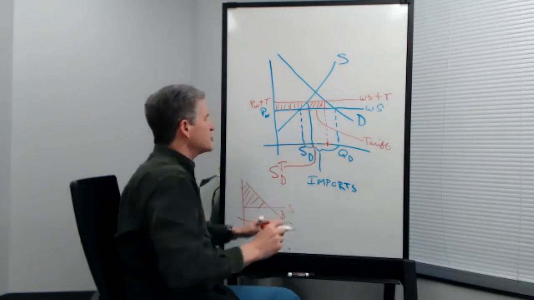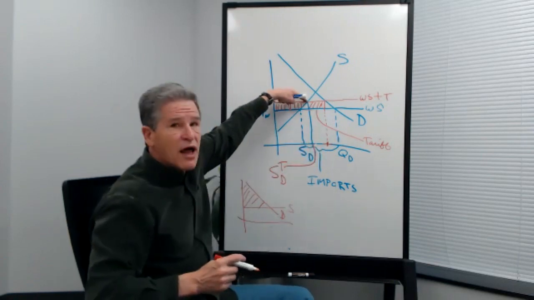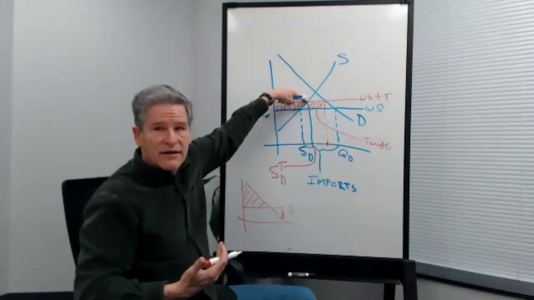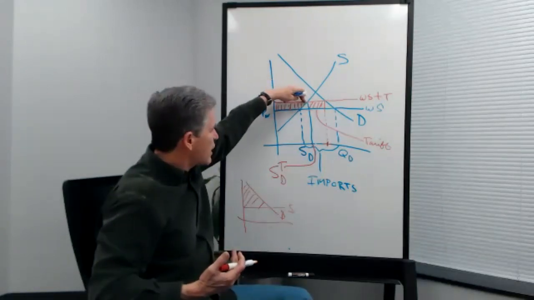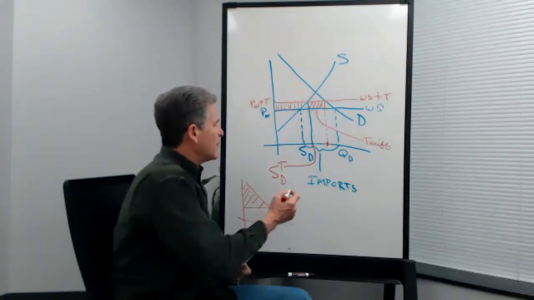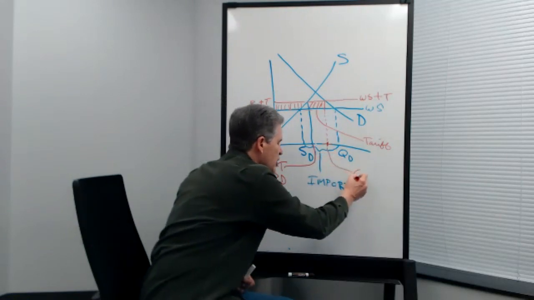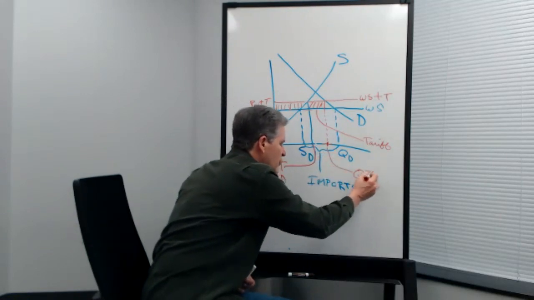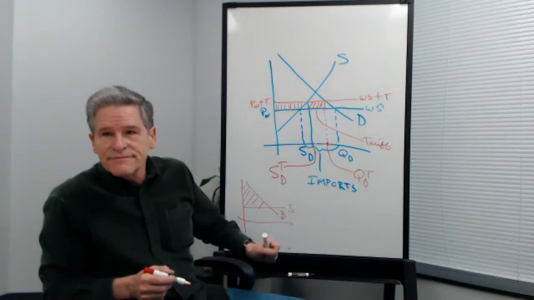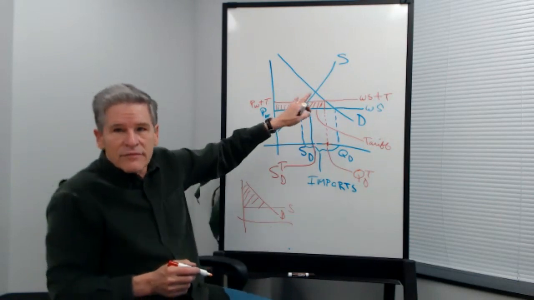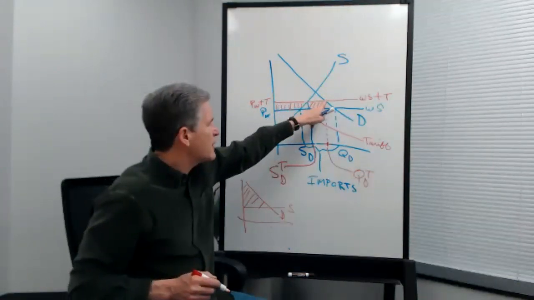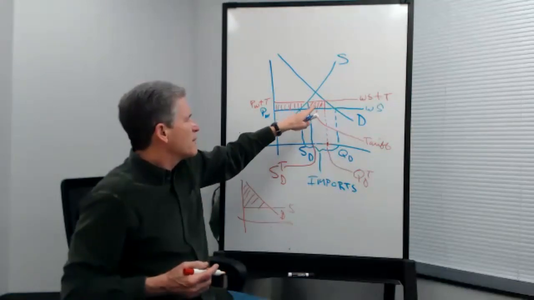Right, which is the difference between what the domestic industry is supplying. How did I get that? Well, the domestic industry is supplying this amount right here, and then this is the quantity demanded when there's a tariff. Okay? So all those units, all the way out here, are going to be bought and sold.